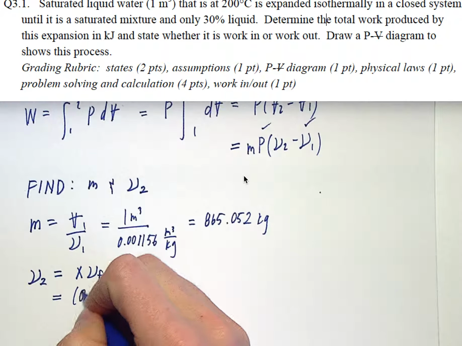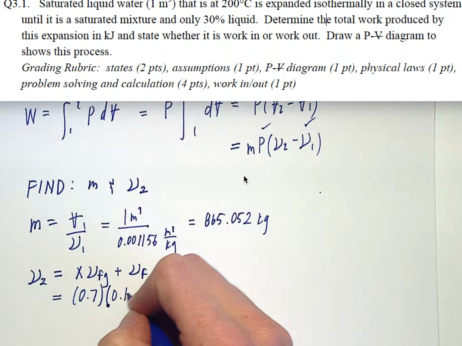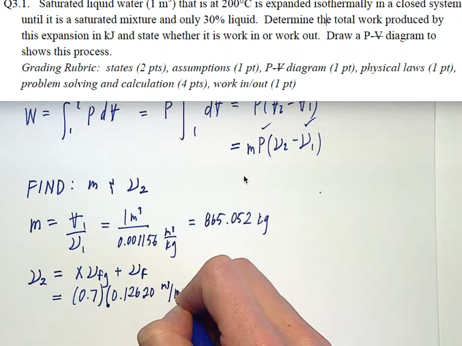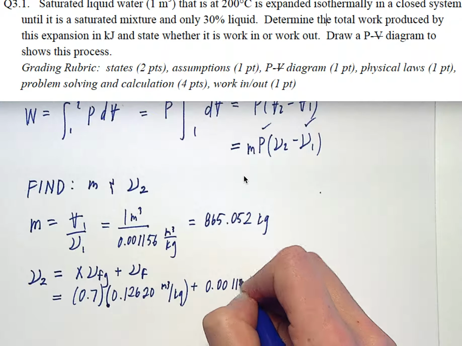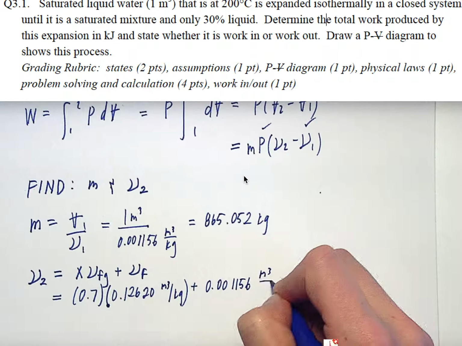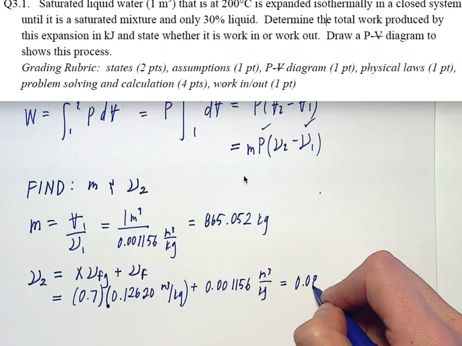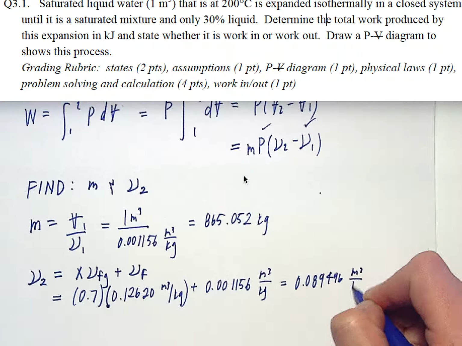So we'll just plug those in. And when you do that calculation, you'll get v2 equal to 0.089496 meters cubed per kilogram.